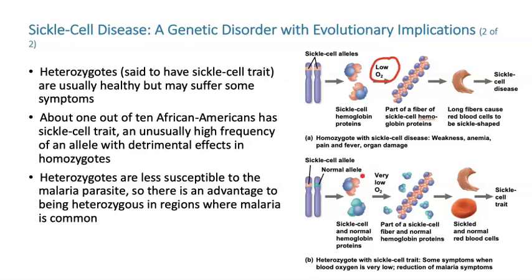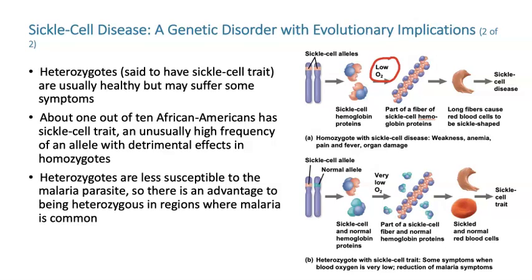So in very low oxygen, some of that hemoglobin behaves just fine, but the other sticks together and forms these sickle cell hemoglobin proteins. That means in very low oxygen, some of your red blood cells turn into the sickle shape and some stay normal. So heterozygotes are less susceptible to feeling badly from the illness.